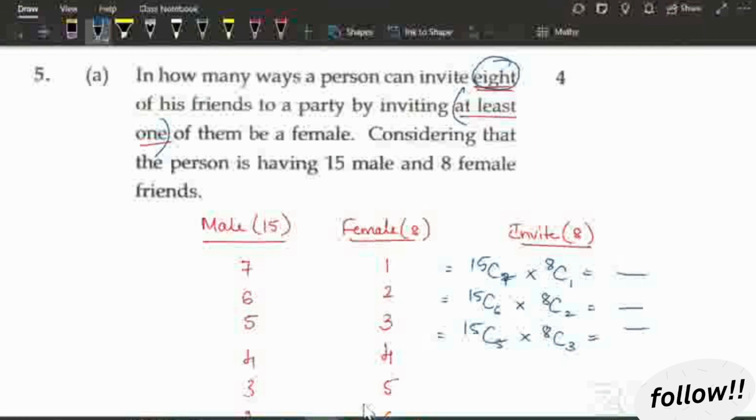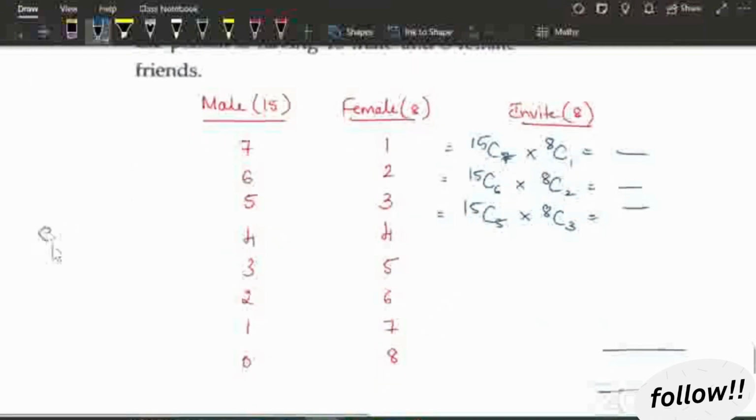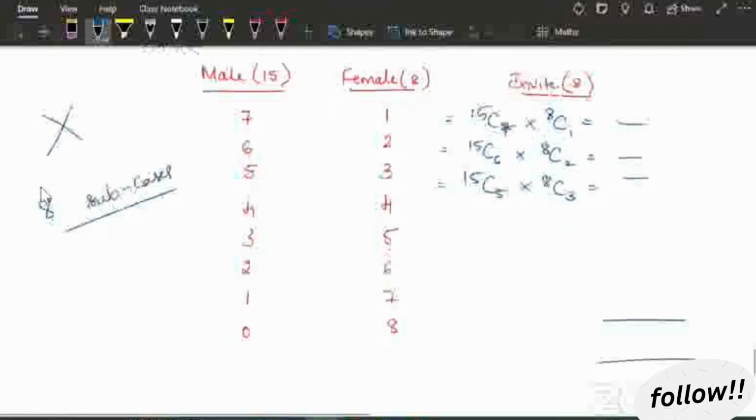So from 1 to 8, there are 8 subcases here. When you have so many subcases, don't solve it this way. This is a direct method. Don't solve using the direct method. We are going to use the indirect method.